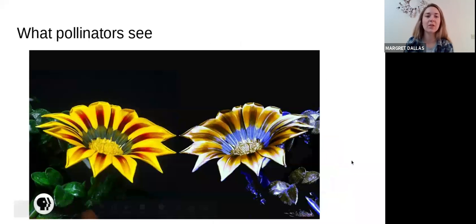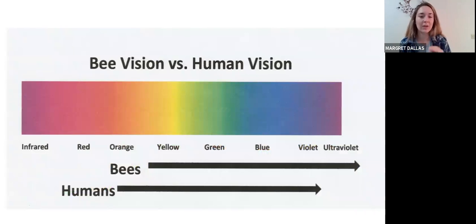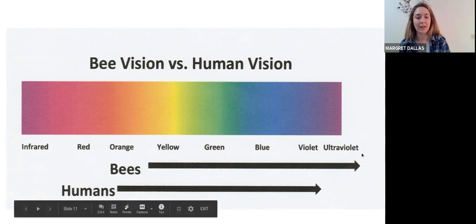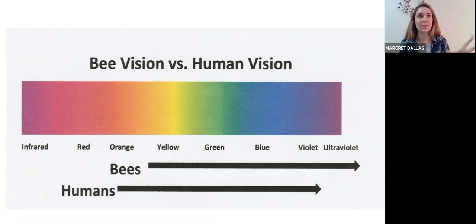All right, so let's talk a little bit more about pollinators and what they see. So when we look here at the light spectrum, you and I have limitations about what we can see. We cannot see ultraviolet. We can also not see infrared. You remember back to 9th grade physical science, different wavelengths produce different light, and our eyes can only accept and translate certain wavelengths of light.